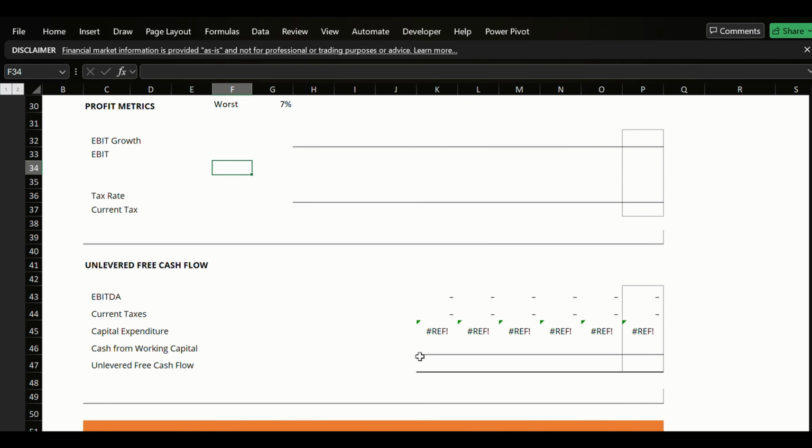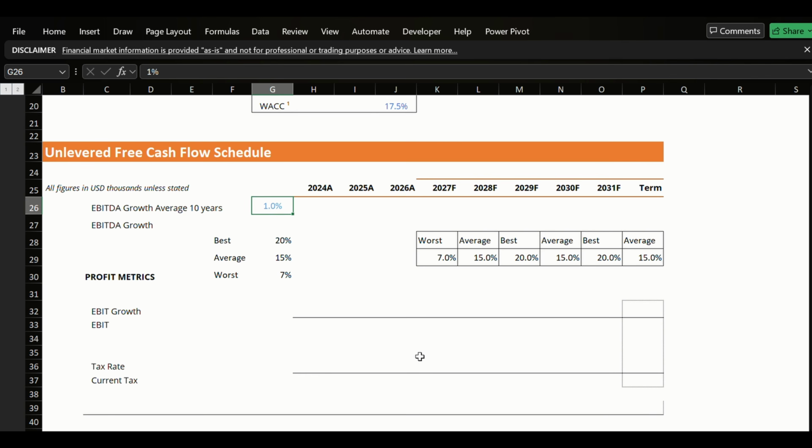So let me see the actuals, 2025, 2026. Sorry, I'm just doing this manually, but we will do that. The EBIT is brought here.